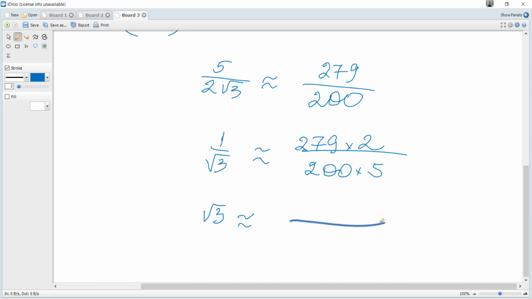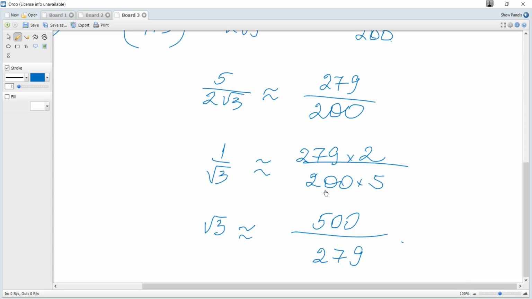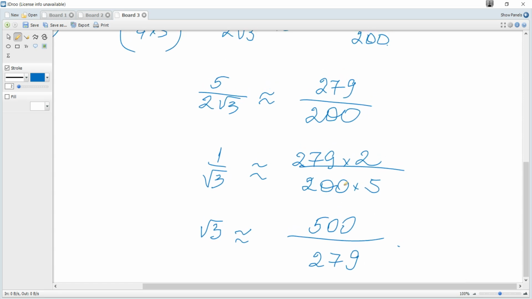Flip vice versa, so it becomes up, so 500 divided by 279. Yes, it's correct. And that's all for this question.